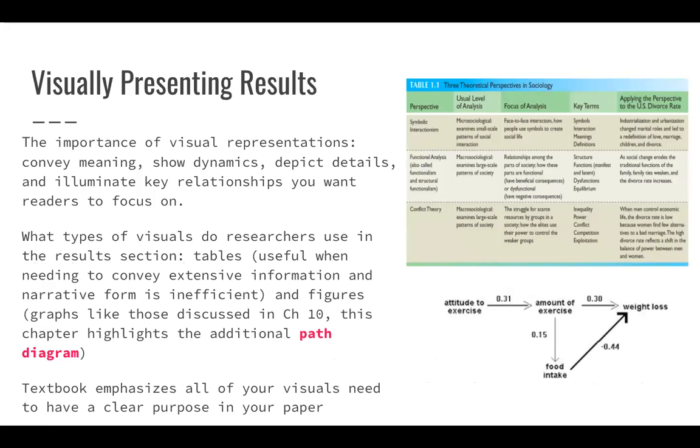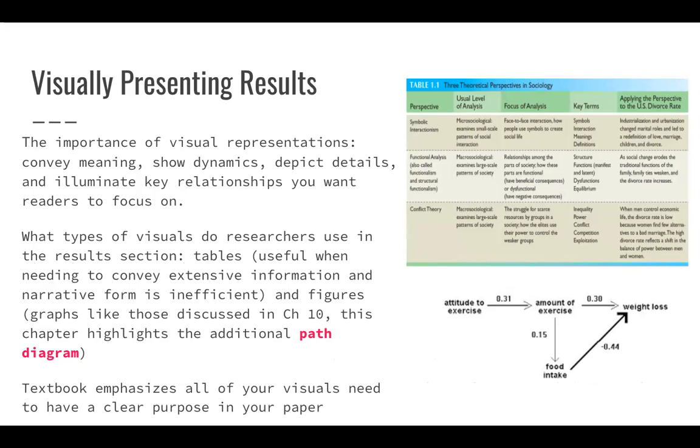And so this chapter does add a little bit more information about the importance of visual elements when presenting your results. They talk about visual representations help convey meaning. They show the dynamics. They depict details. They illuminate key relationships. And so you're making a decision about what visuals you need, because any visuals that you include in your paper, they really need to have a clear purpose.